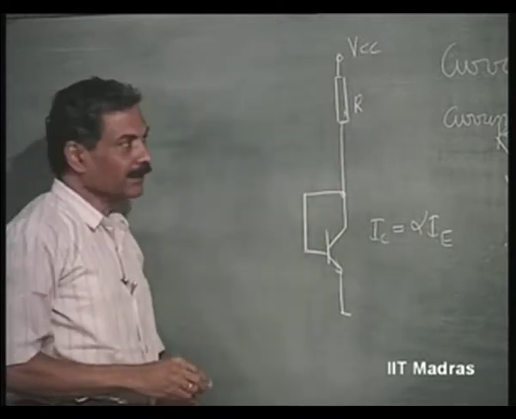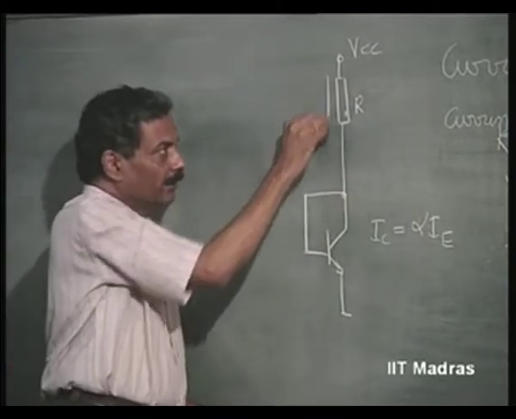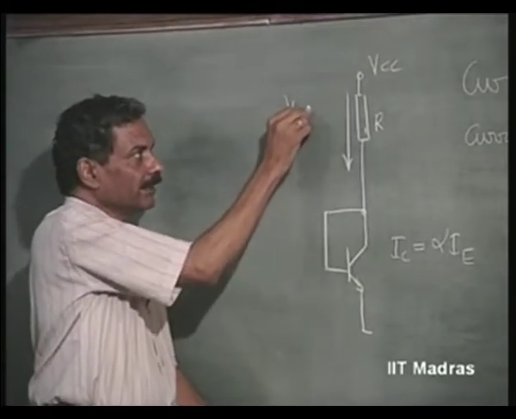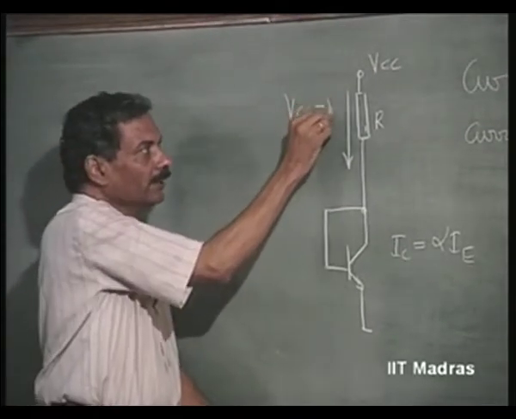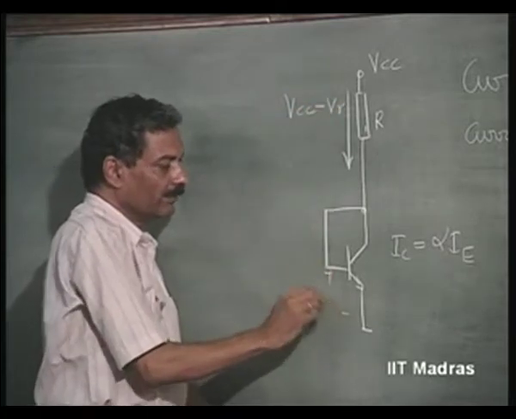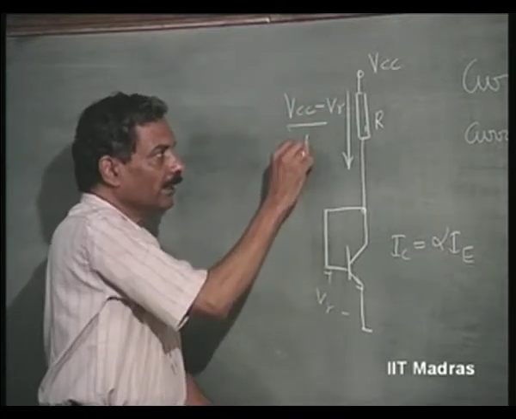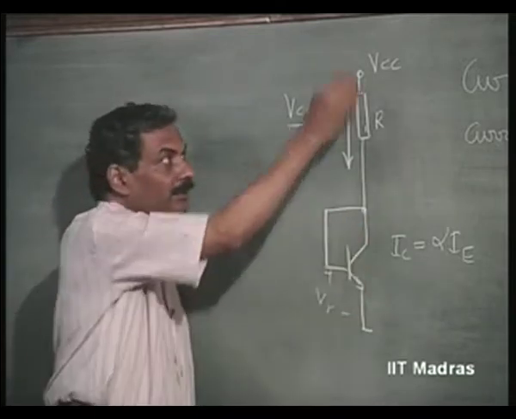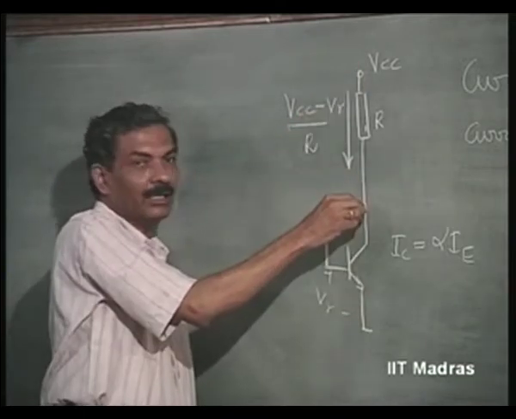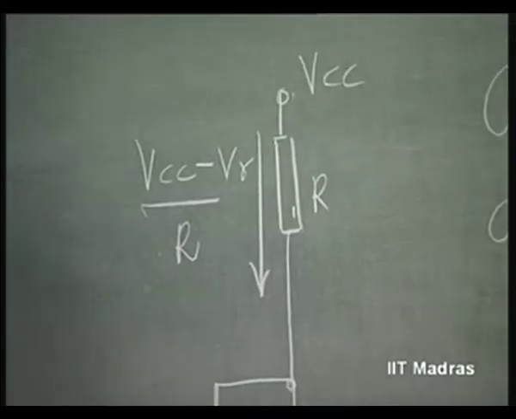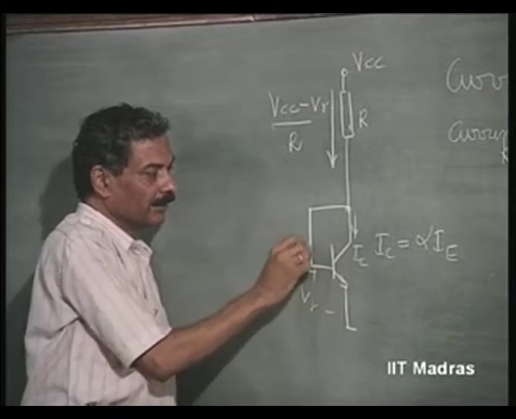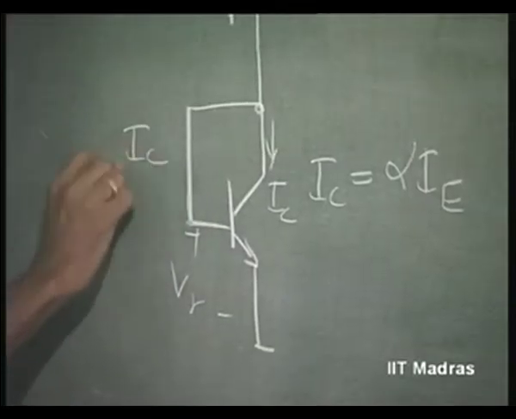If I connect a resistance like this, the current in this is going to be VCC minus V gamma, this is V gamma, by R. The voltage here is V gamma, this is VCC, VCC minus V gamma by R. This current is IC, this current is IC by beta.